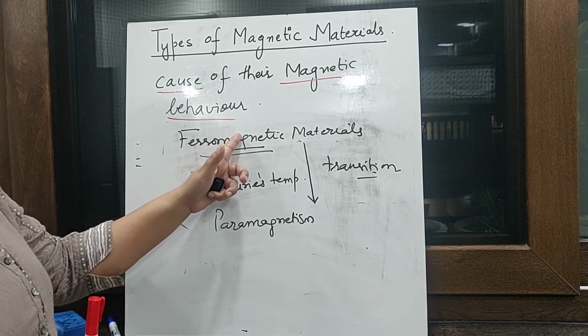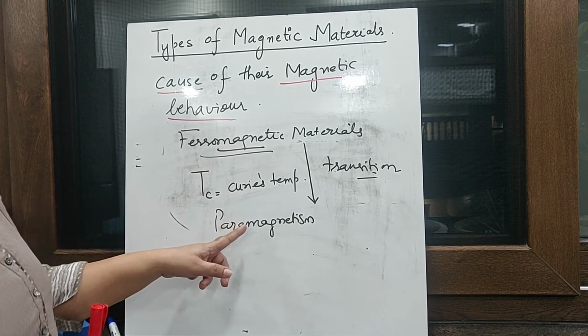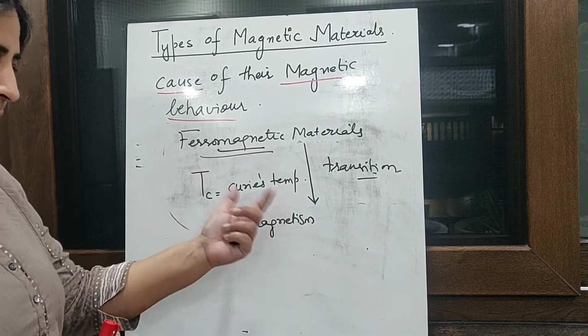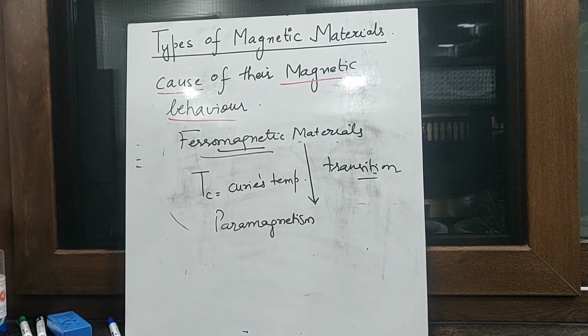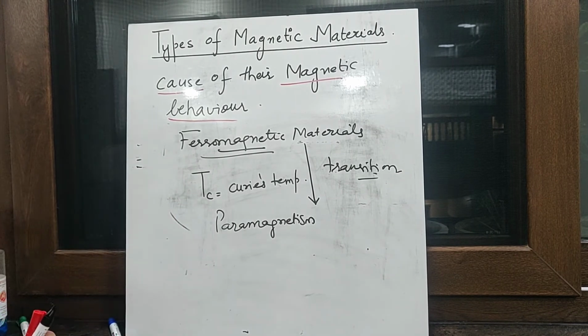So ferromagnetic materials at a higher temperature, which is known as Curie's temperature, start a transition from their behavior and reach the paramagnetism behavior. So you have to remember the name that this happens at Curie's temperature.